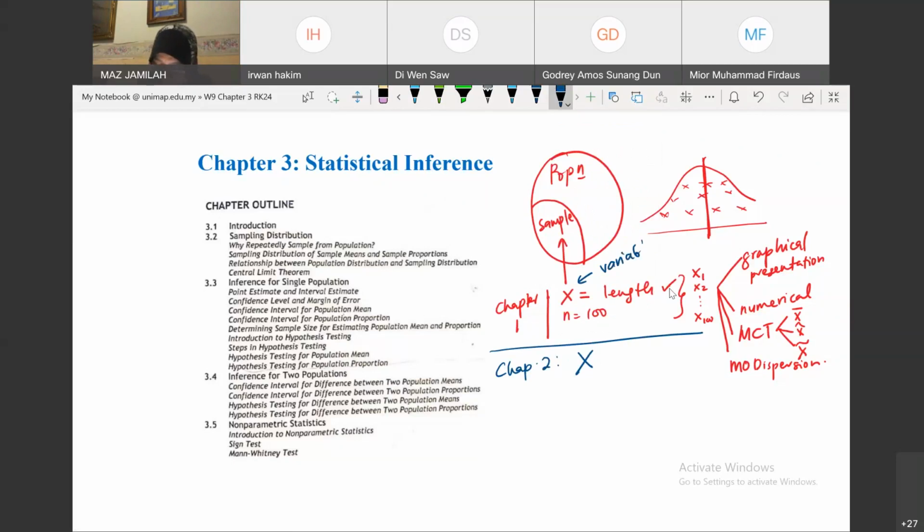But in chapter 2, since we are talking about the specific x that we have investigated, we call this a random variable because we know that the measurements that we collect will follow a certain probability. So in chapter 2, we investigate how this x is distributed.